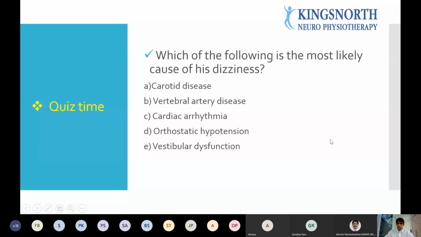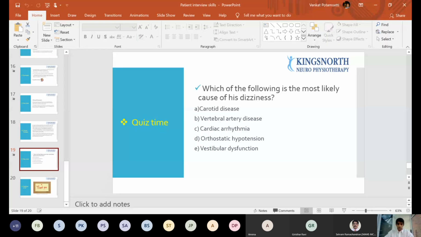Is that a place where they can enter the right answer? Yes, they can just use this code. I think that will be a little lengthy process. Rather, they can write in the chat box here, because I think this is the only question. They can just type the right option here in the chat box.